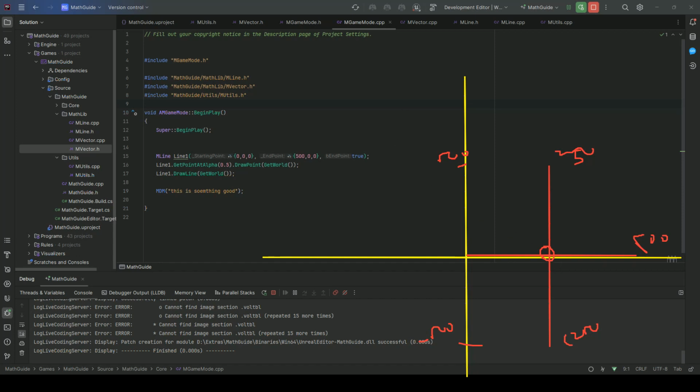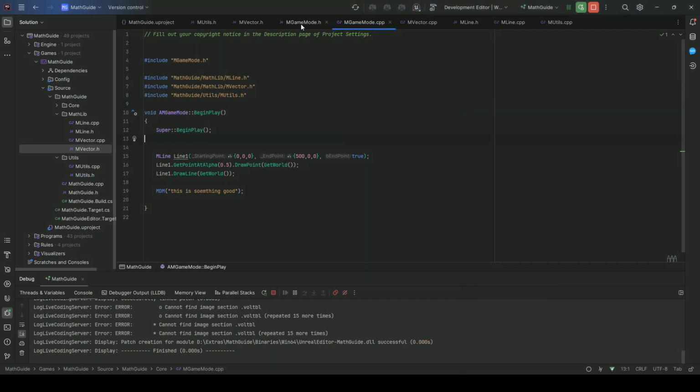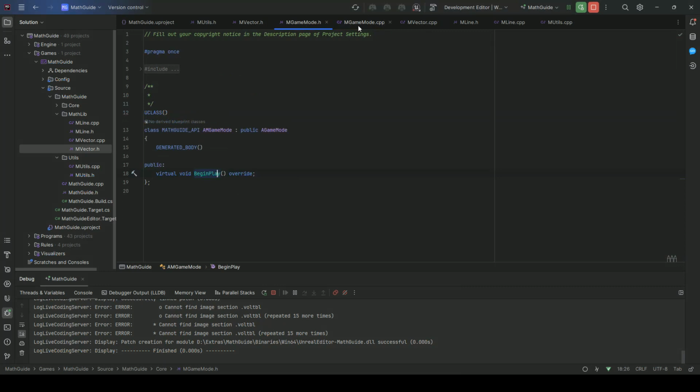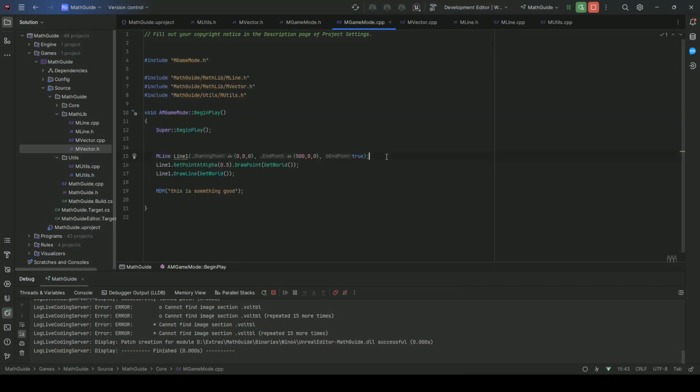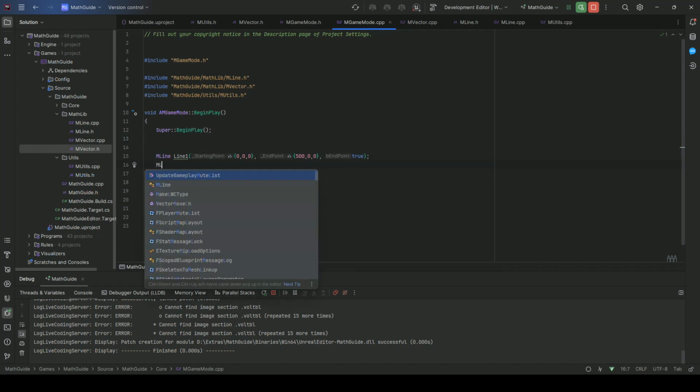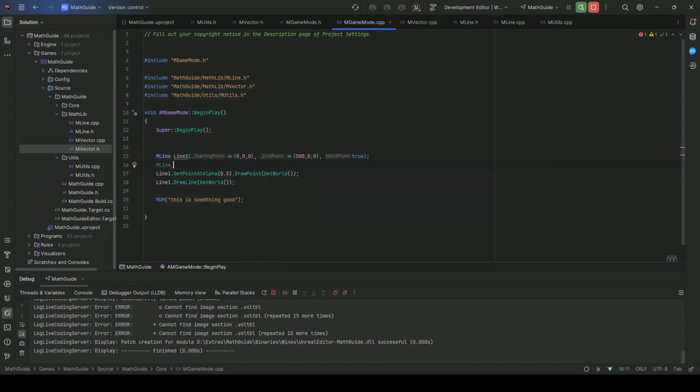So let's check if it is running fine. Game mode cpp, line 1 is good, and line 2 starting point will be like 250 comma 500 comma 0. No, okay, it's a vector.